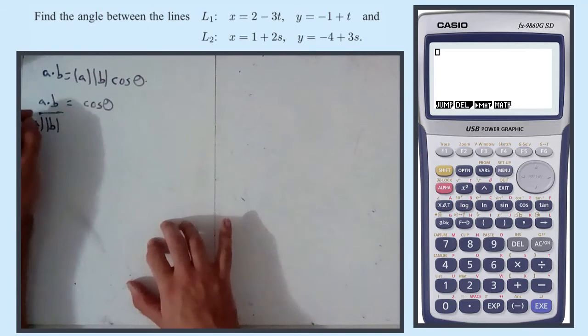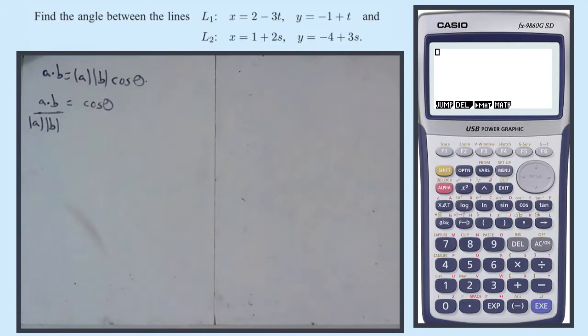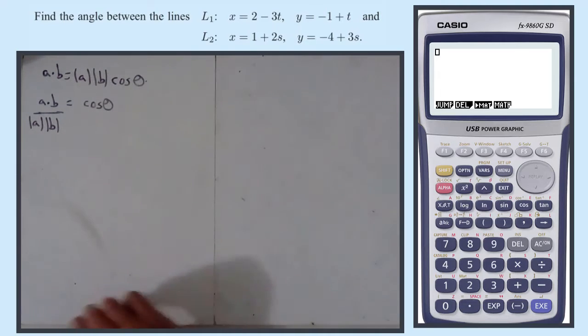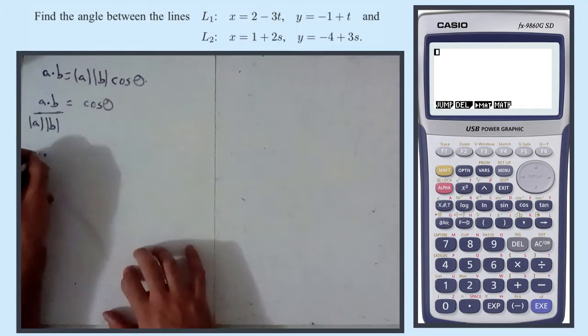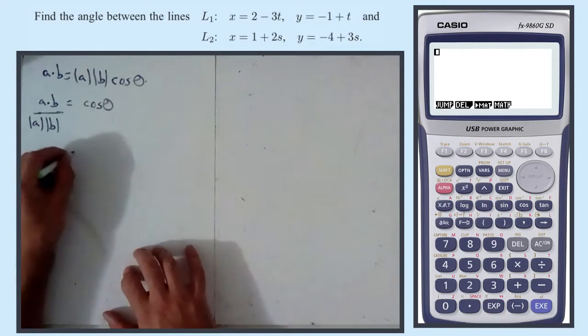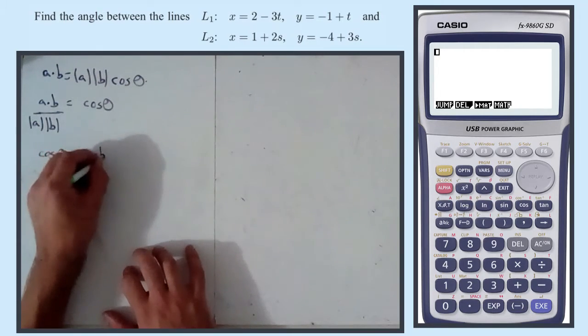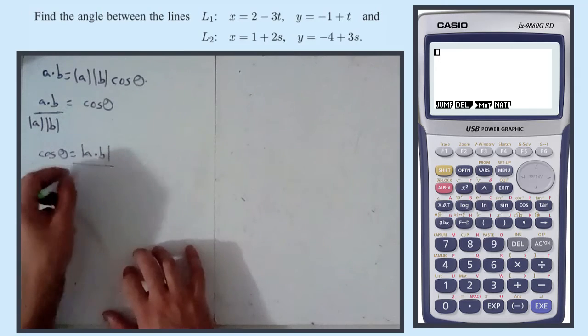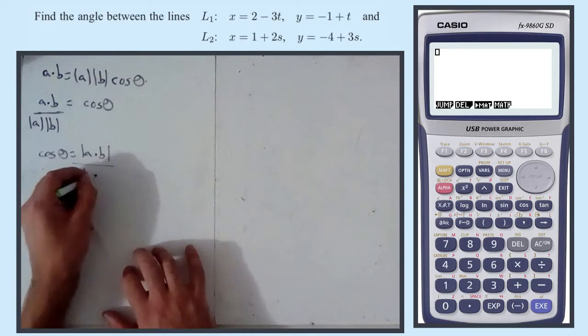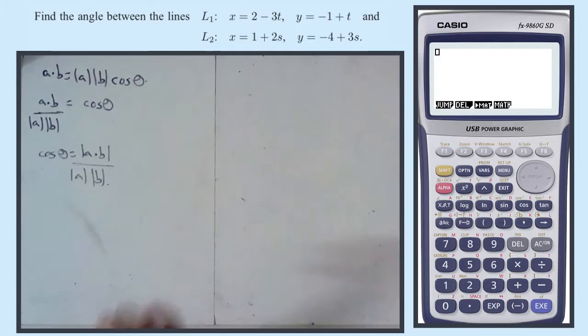And if you wanted to guarantee an acute angle, or more accurately, a non-obtuse angle, you could say cos theta equals the modulus of a dot b over the modulus of a times the modulus of b. So that's when you've got two vectors.